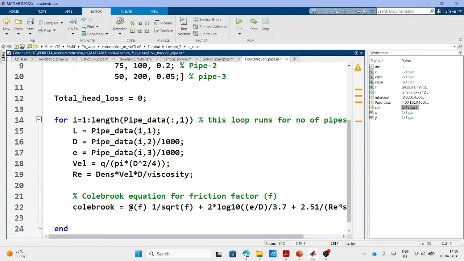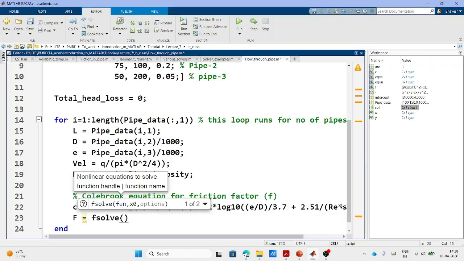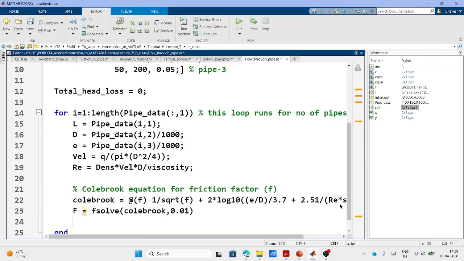So my friction factor f will become fsolve. I am writing my equation colebrook, and providing some initial guess. So I'm providing an initial guess value of 0.01. Right now I don't know the value, that's why I'm providing this.